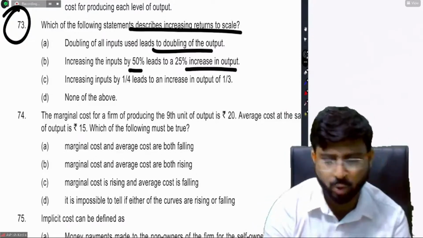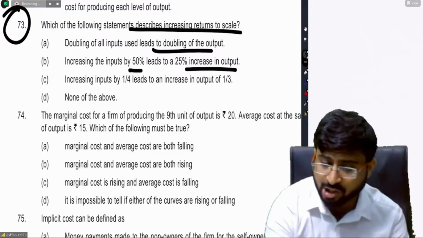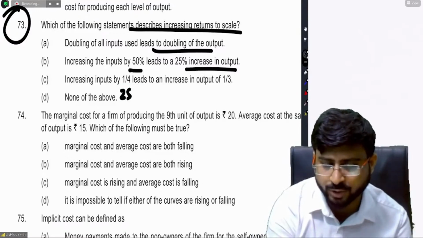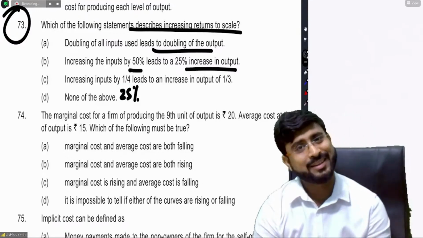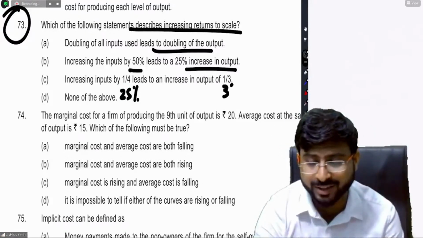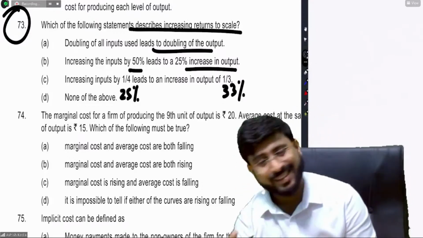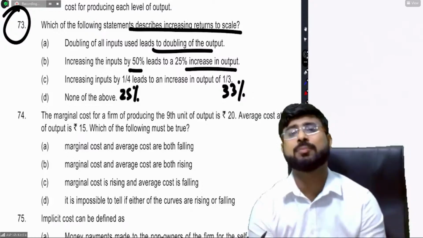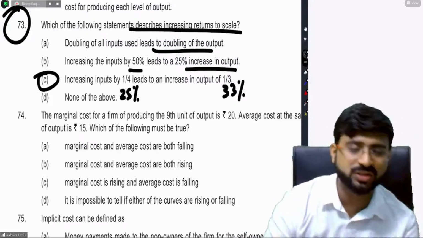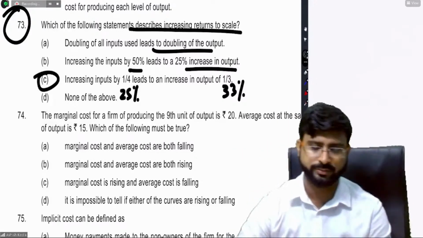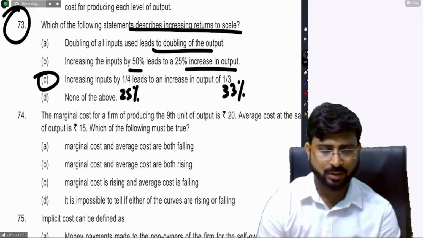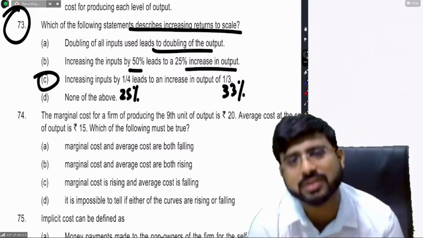Increasing the input by 1/4, 1/4 means 25%, right? Leads to increase in output by 33%. Correct. Because output will increase more. Whenever there is a change, which will change with more force? Output. So C is the answer. 73, C is the answer.